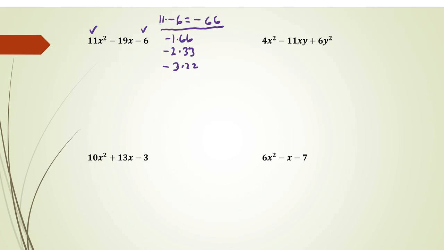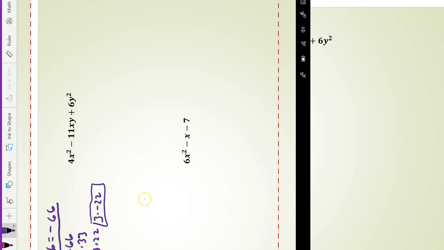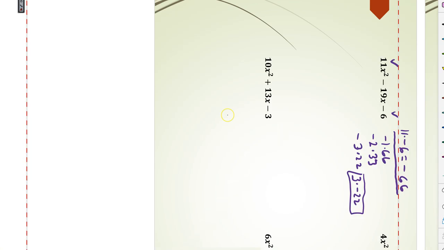Now, I noticed that negative 3 and 22, if I added those, I would get 19. So if I were to write the other pair, 3 and negative 22, that is what is going to add to negative 19, and that gives me the factor pair I need.